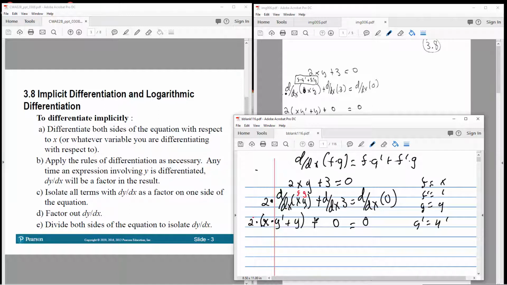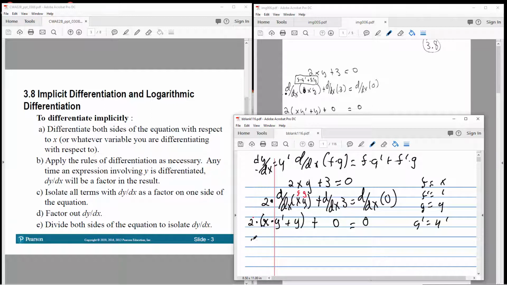So when we get to that point there, we want to go ahead and solve for y prime. Understand that dy/dx is the same thing as the first derivative, y prime.